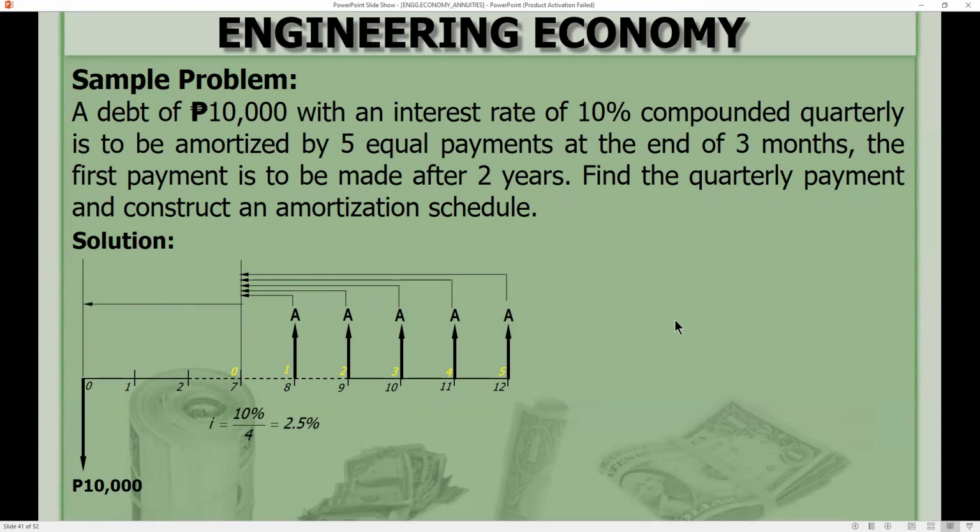So the formula, with i at 2.5%, is the formula for the deferred annuity, right? N is 5, while M is 7.